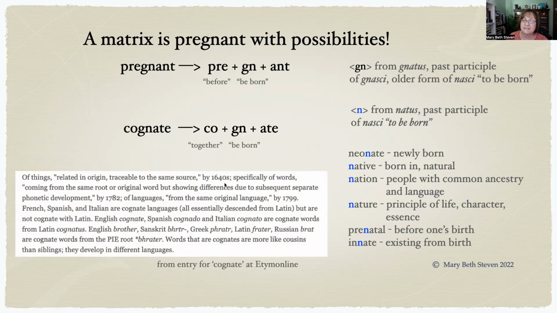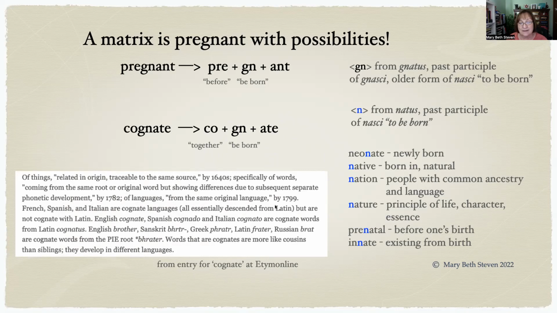If you're talking specifically about words that are cognate, that means they're coming from the same root or original word, but they're showing differences due to subsequent separate phonetic development. And that has been in place since 1782. If you're talking about languages that are cognate, that means they're from the same original language.